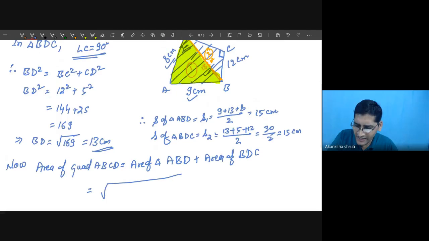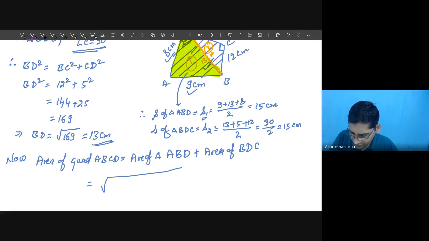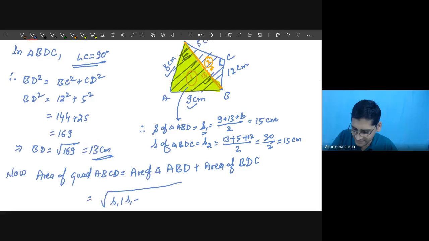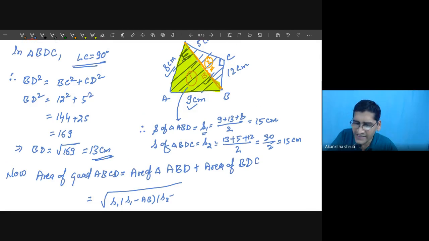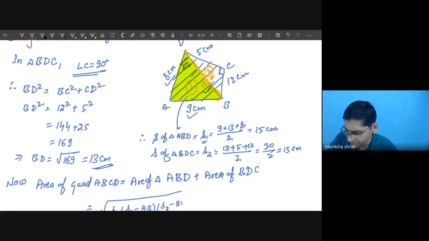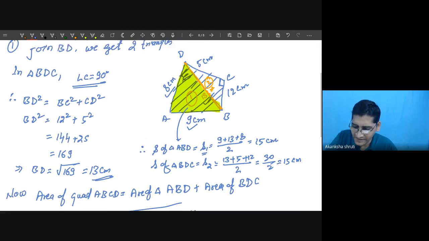For this triangle, we have denoted the semiperimeter as S1. So S1 minus AB, S1 minus BD, S1 minus DA.